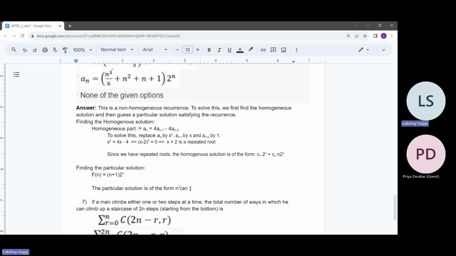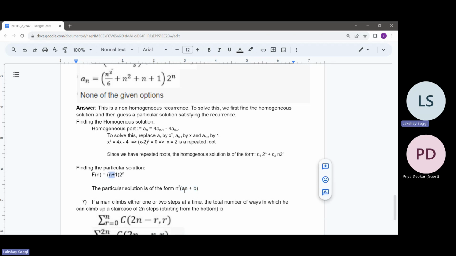This is not something which I'm doing by some reasoning or logic. These are rules which have been covered in the lectures and I'm just applying them. So the particular solution is of the form n square times (an plus b). Basically, the degree of this part is the degree of this term here, which is a degree 1 polynomial.